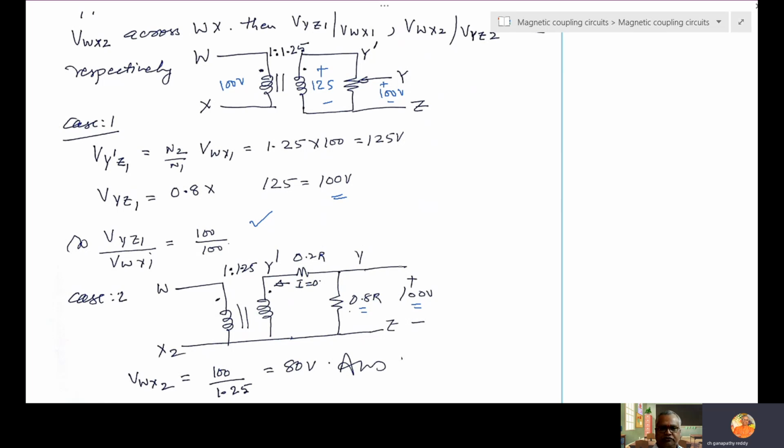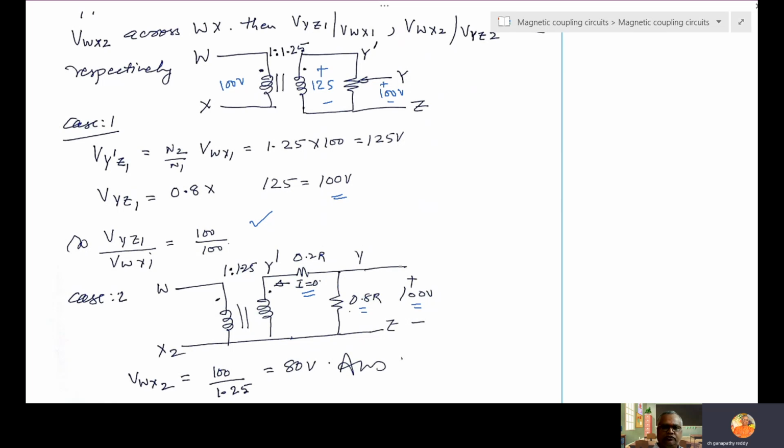So secondary current 0 will force primary current also 0 ideally. The same way, when primary is open and voltage is applied in secondary, then primary current is 0, which will force secondary current also 0. This is based on the transformer principle. So that's why this current is 0, because primary is open.